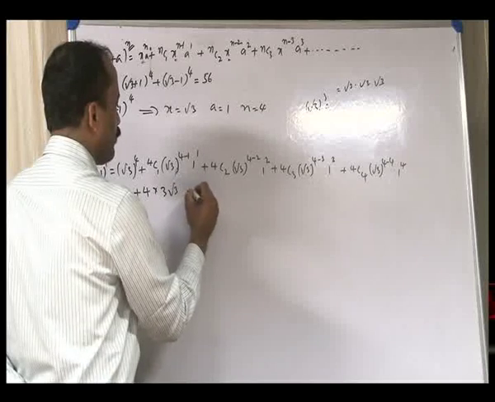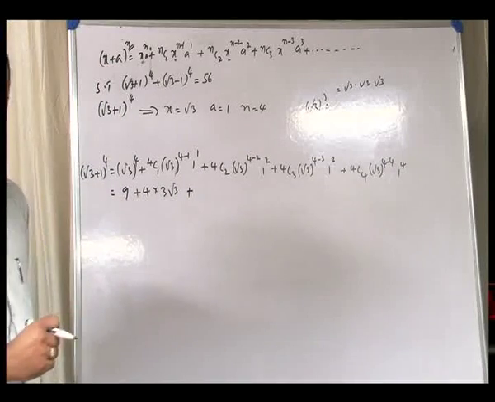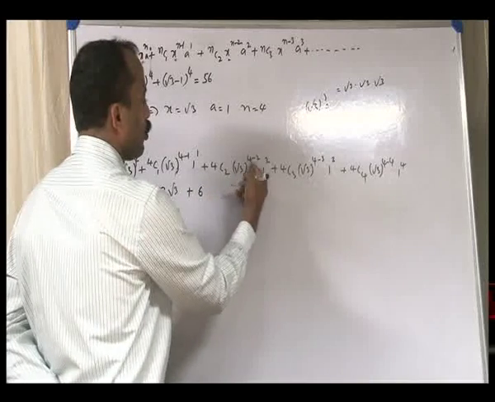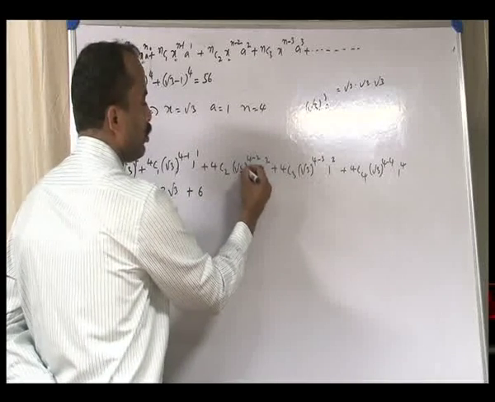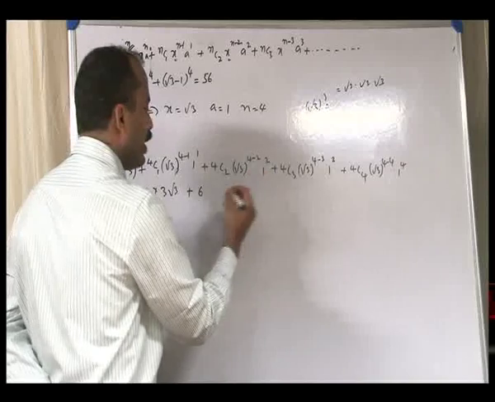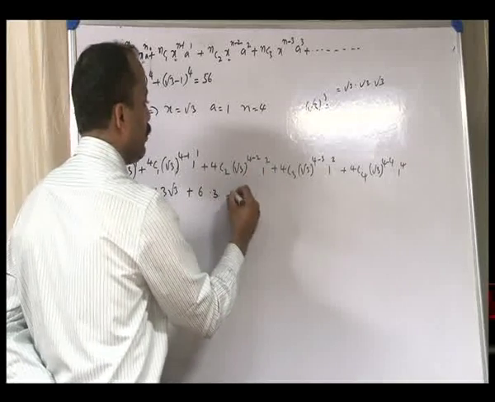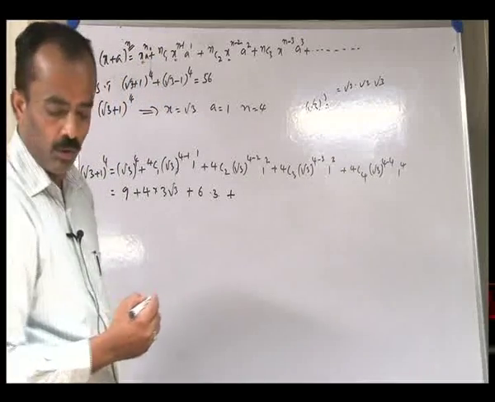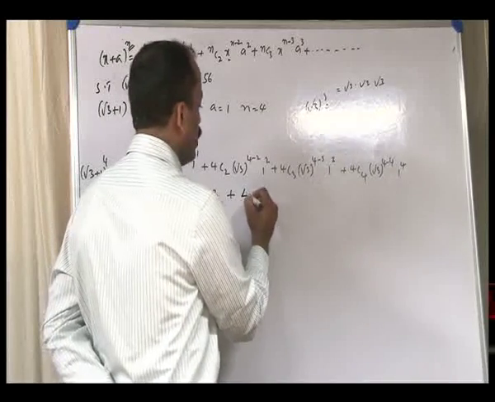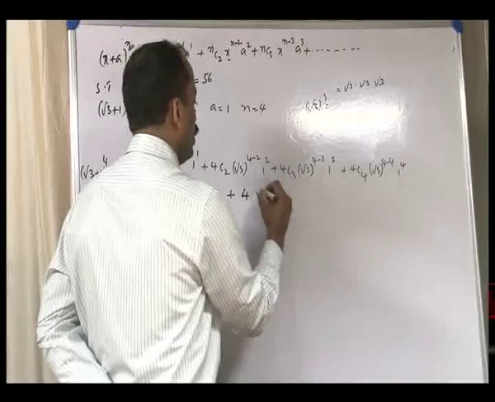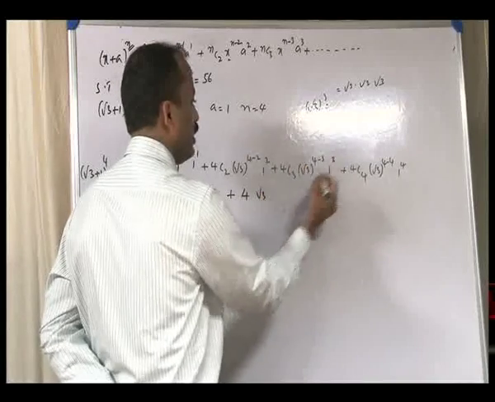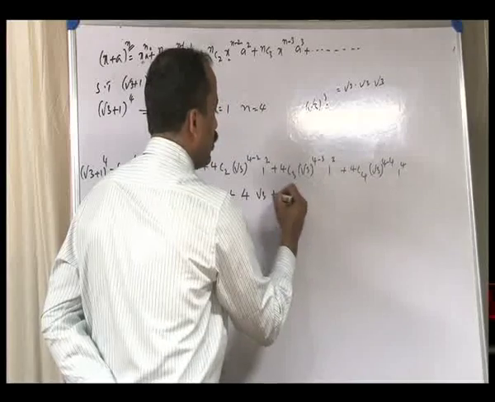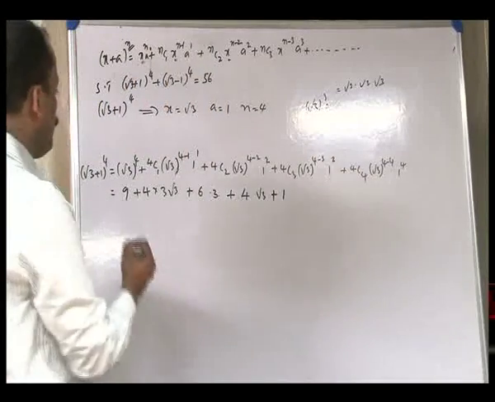Plus 4C2 value is 6, (√3)^2, the root and square get cancelled, we get only 3. Plus 4C3 value is 4, (√3)^(4−3) is √3 itself into 1, plus the last value is 1. So 1 to the power of 4 is 1 itself.